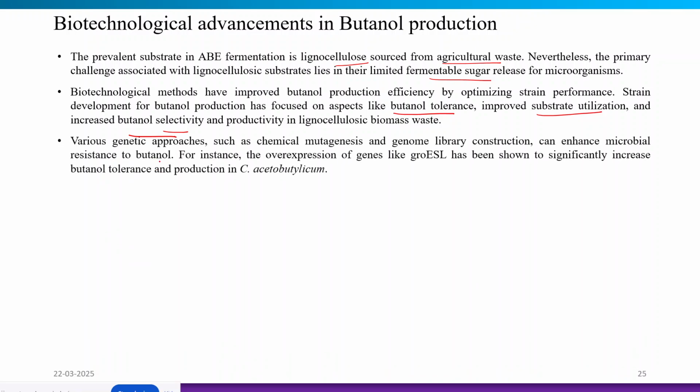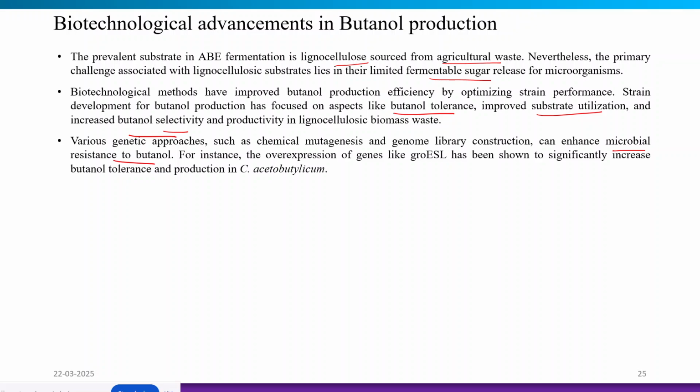So there are various genetic approaches, such as chemical mutagenesis or genome library construction, which can enhance the microbial resistance to butanol. If the butanol concentration goes beyond, suppose, 10 percent in the fermentation mixture, then the cell cannot grow further.